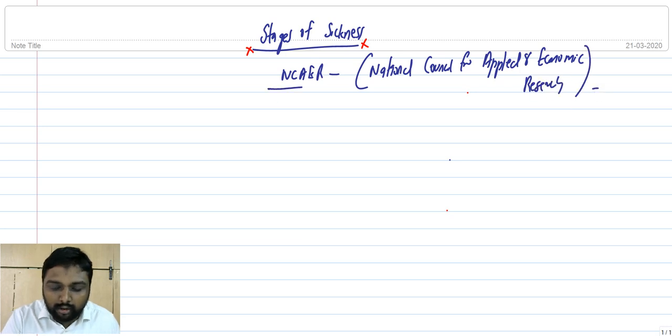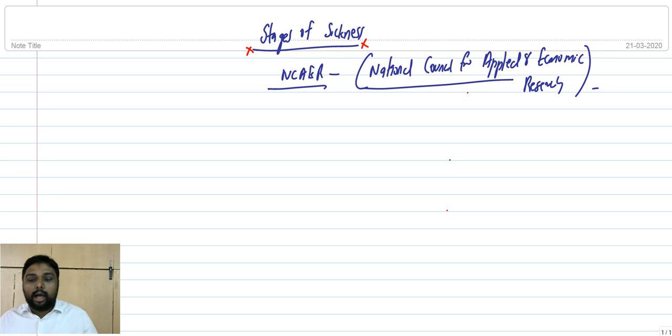It is an Indian body, and it has identified 3 parameters for deciding the stages of sickness.